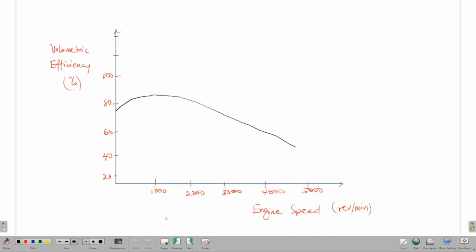This figure shows the volumetric efficiency in percentage plotted against the engine speed in revolutions per minute. On examining the curve, it will be observed that at low engine speeds, the volumetric efficiency is slightly less than its maximum value.